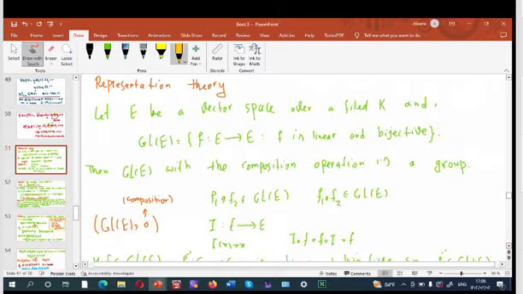So for every v in E, rho g of v is an element of E.